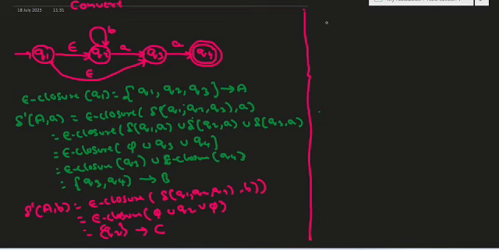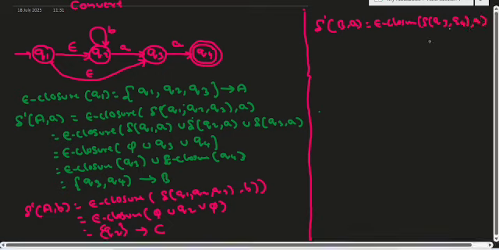In this case, we will apply delta dash of B comma a, that is equivalent to epsilon closure of delta of Q3, Q4 comma a.